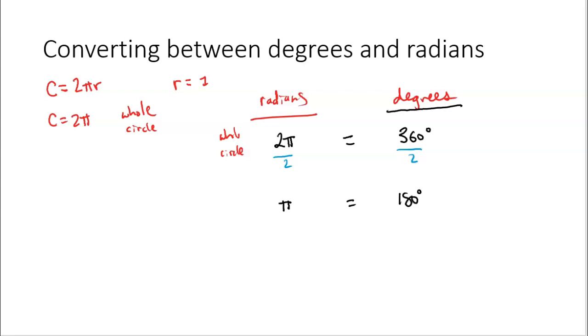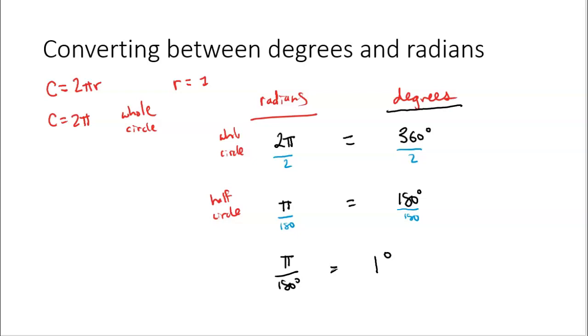So essentially, it's half of a circle. What else could I do? Well, I can solve for 1 degree. I could take that 180 and divide both sides by it. So pi over 180 is the same as just 1 degree.